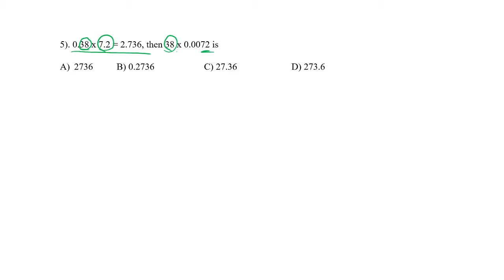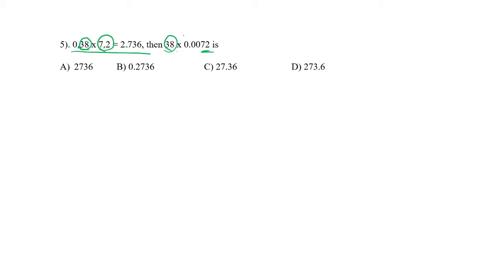Everyone can solve this question, but time management is very important. See here, before 2 digits there is a decimal dot, and before 1 digit there is a decimal dot. So in the result, 3 digits from the right side there is a dot symbol.